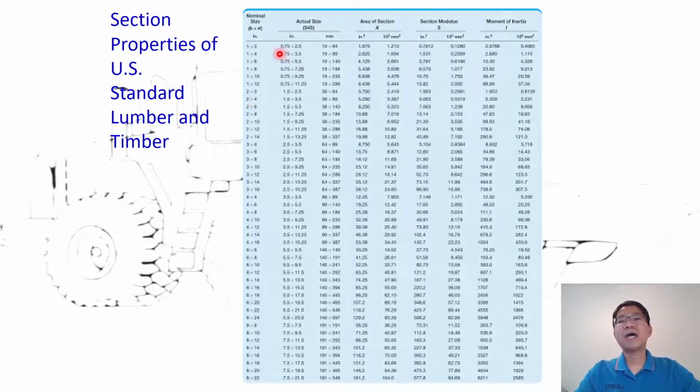Actually, the actual thickness is only 3/4 of an inch, so 0.75, as you can see there. And similarly for different sizes, if it's like 3x4, which is a width of 3 and a depth of 4 nominal, it becomes 2.5 times 3.5 actual size. And when you design, you have to design for actual size. So you use the table to determine the section properties.